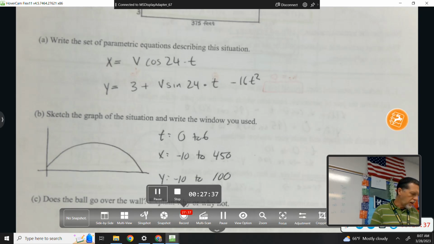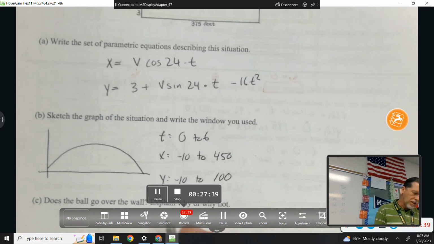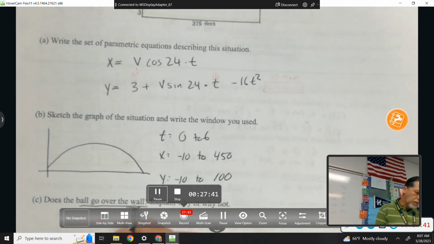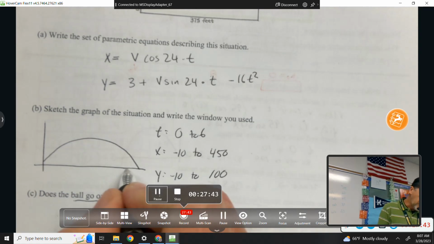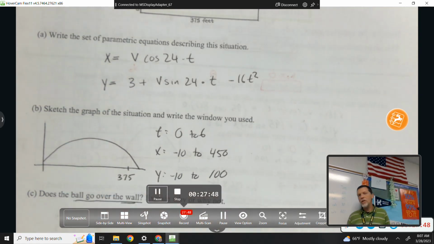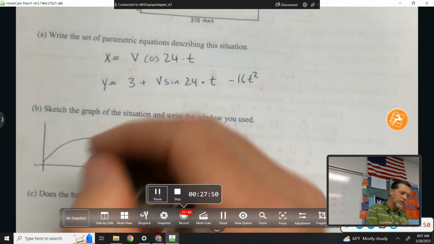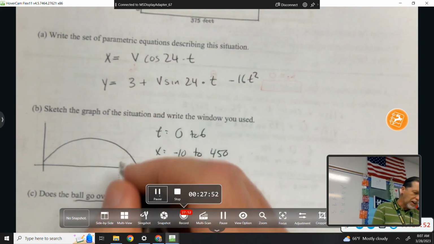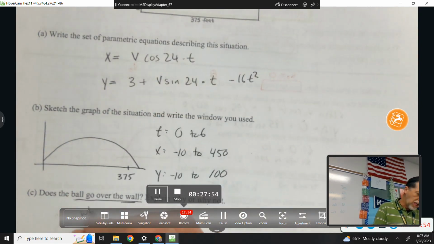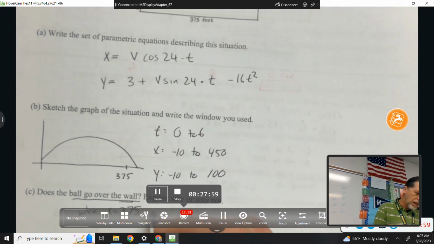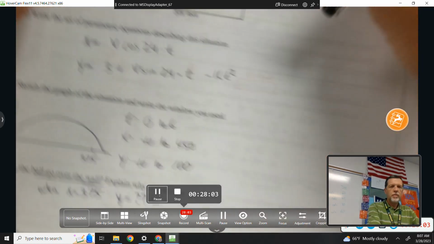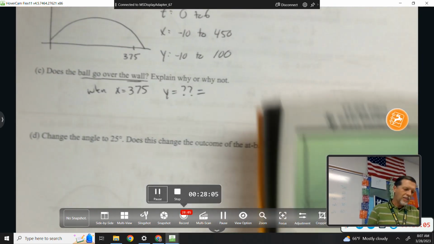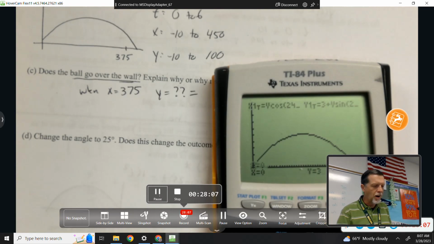All right, does the ball go over the wall? Okay, well the wall is 375 feet away. So it definitely goes farther than 375. The trouble is the wall is 25 feet high. So when my x is 375, I need to figure out what y is.